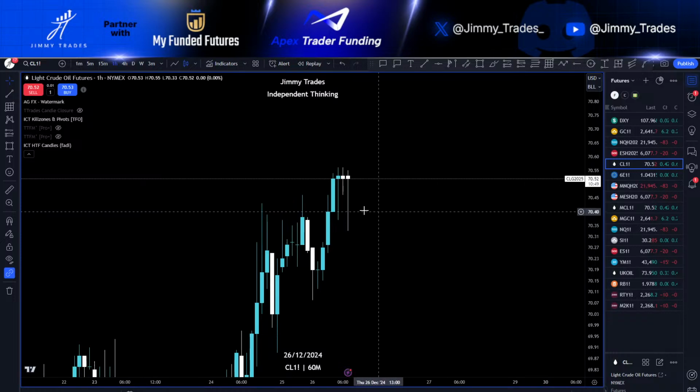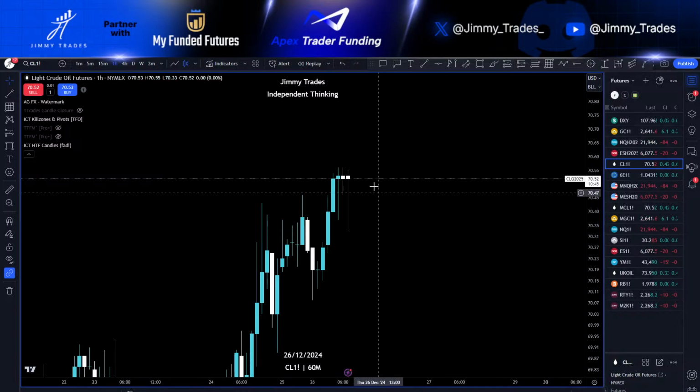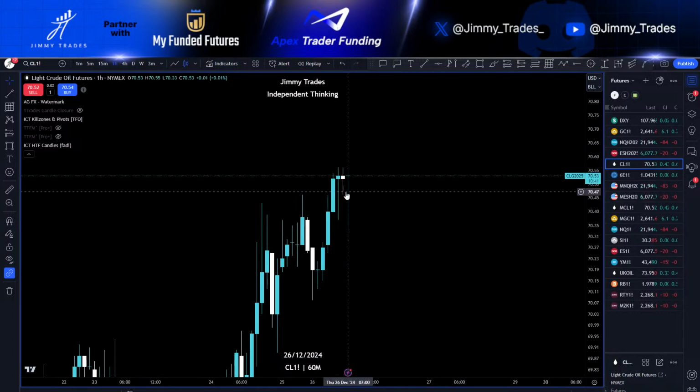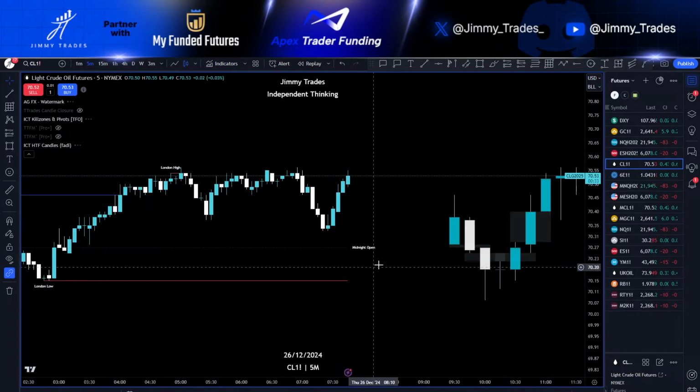CL having a nice reaction out of this bullish FVG. Second attempt there as well. So this would be a swing point candle sweeping a swing low plus a bullish FVG. So let's drop to the 5 minute.